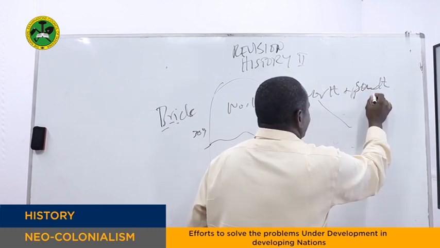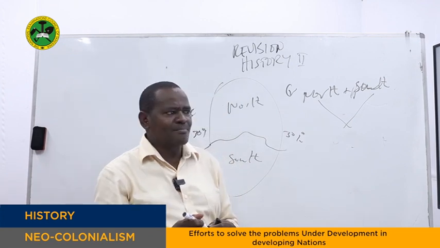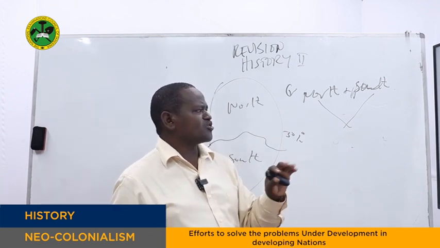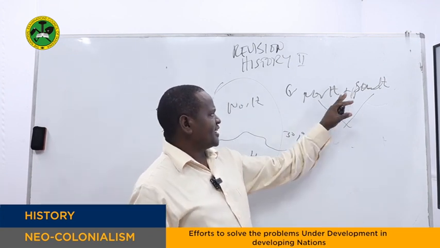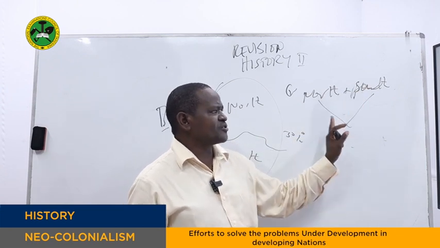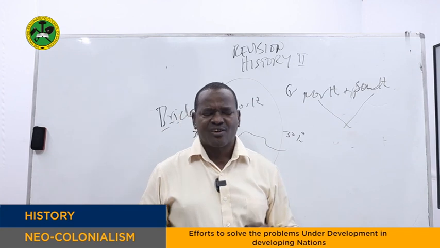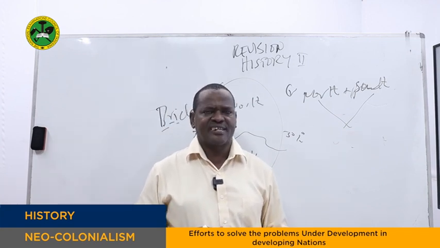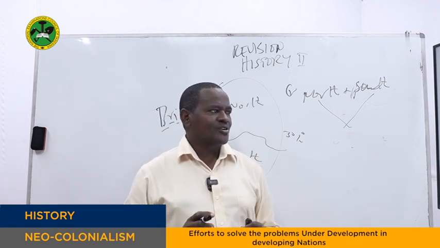North and south should establish a cooperation for mutual advantage. That means if there is cooperation between the southern countries and the northern countries, then all countries should benefit from that cooperation.